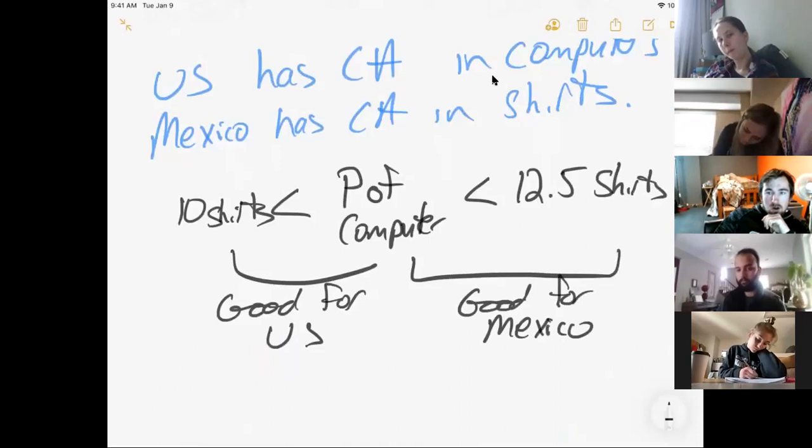So what can we say about the price that's mutually advantageous? The price that is mutually advantageous is any price between 10 shirts and 12.5 shirts. That would benefit both countries.